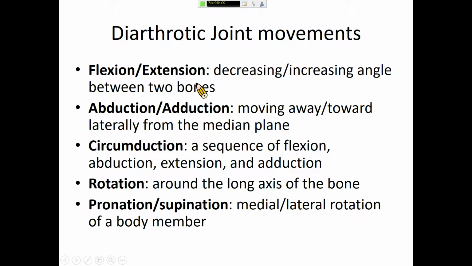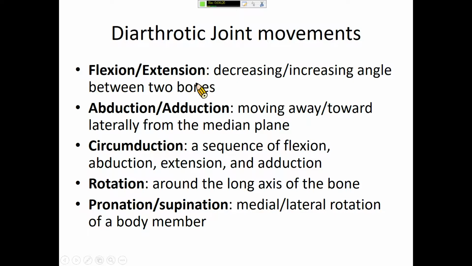So with this definition, how about the shoulder? If I'm doing this, you would think that it's flexion, right? What is this movement at the shoulder? Looks like you are decreasing this angle, right?